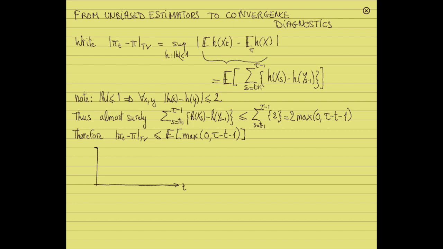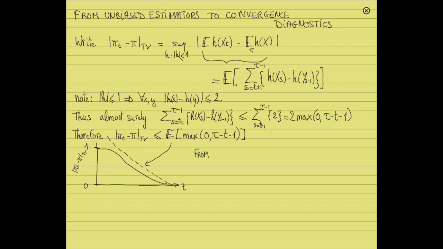We can visualize this upper bound. So if we have the time as an x-axis and the total variation distance on the y-axis, it should be between 0 and 1. And so we can plot, for example, a typical trace of the total variation distance, and in dashed lines we would have our expectation here.